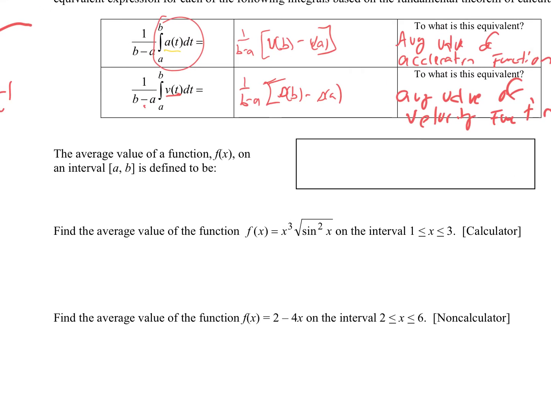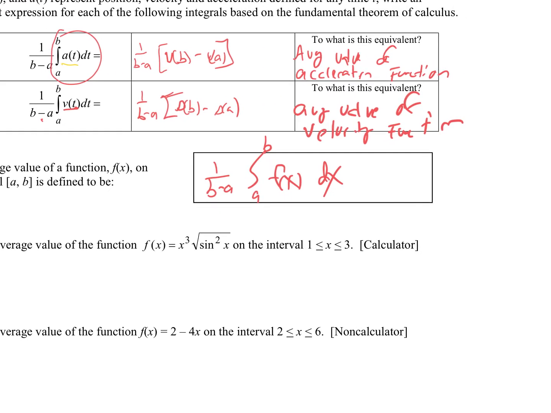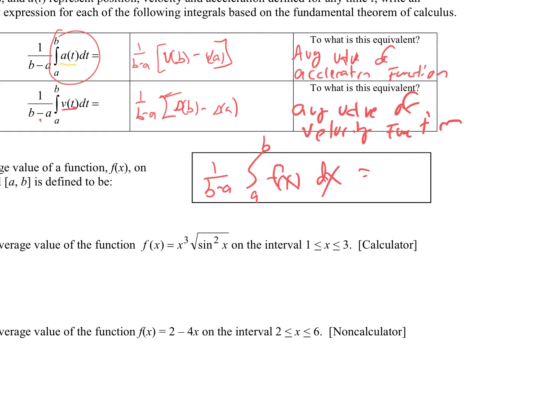Either way, it's always going to be 1 over b minus a times the integral from a to b of whatever function we are talking about. Now, some books write it as the integral from a to b of f of x dx divided by b minus a. Same thing.